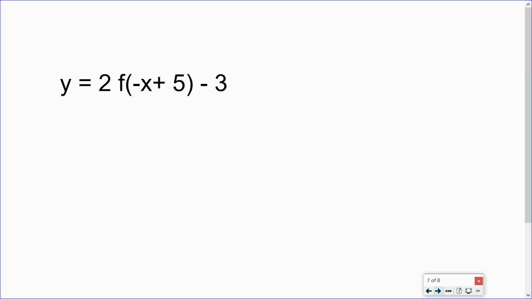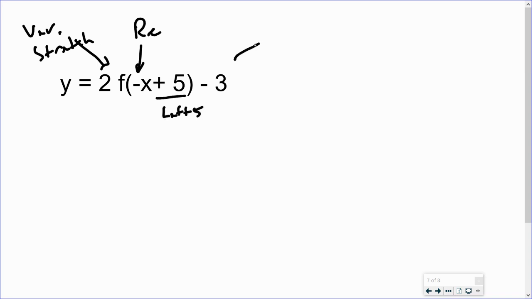Oh my, whole bunch of stuff going on here. Okay, I see the negative sign. Okay, so that tells me reflected. I see this, it's on the outside, so that's vertical stretch. That means, let's see, this is left 5 and down 3.